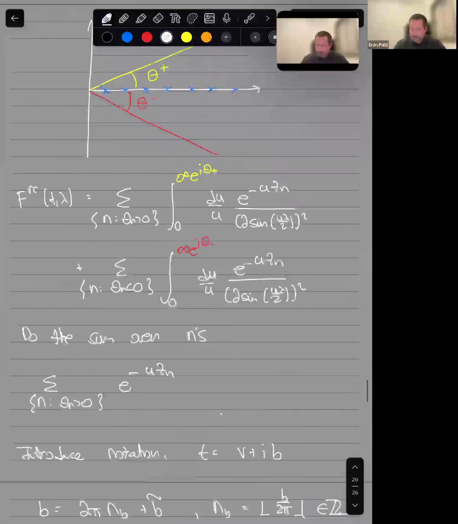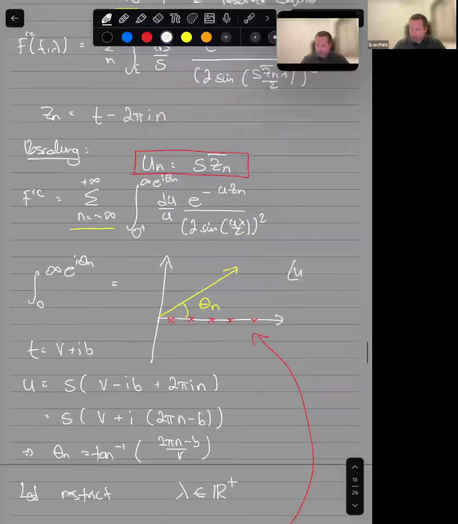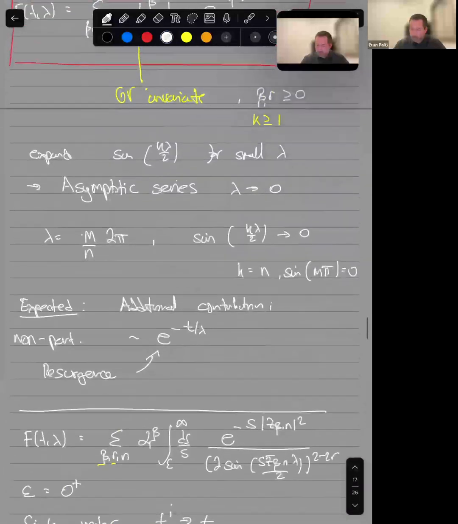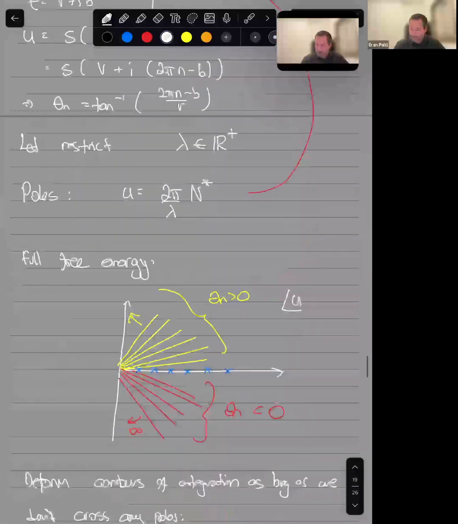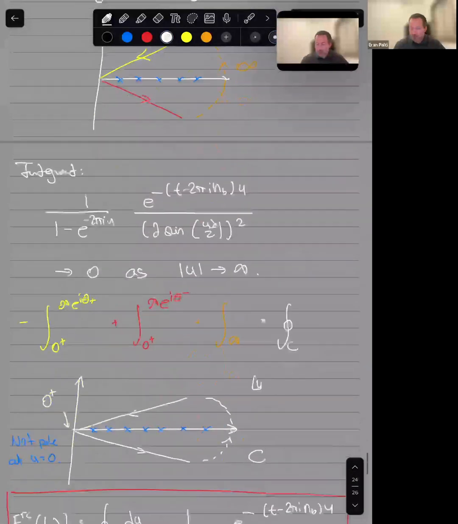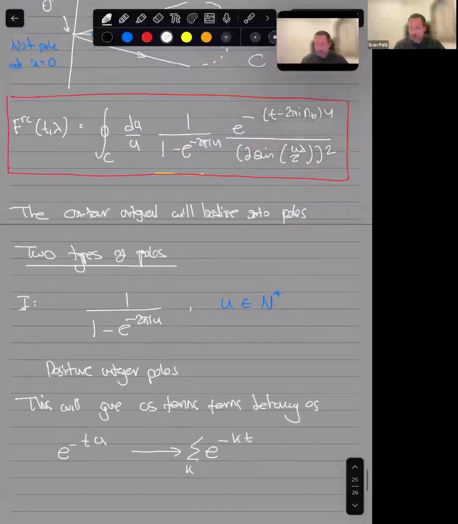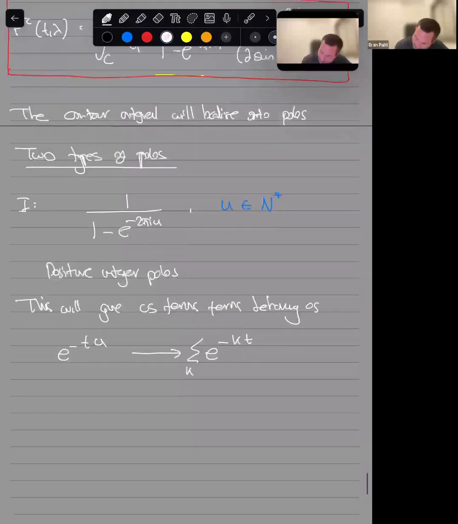Well, I can write it out again, but sorry, here. That's just going to reproduce the usual Gopakumar-Vafa calculation invariance. So that gives us the usual Gopakumar-Vafa contribution to the free energy over those poles there. But on top of that, okay, so let me write it down. These are just the usual Gopakumar-Vafa terms.